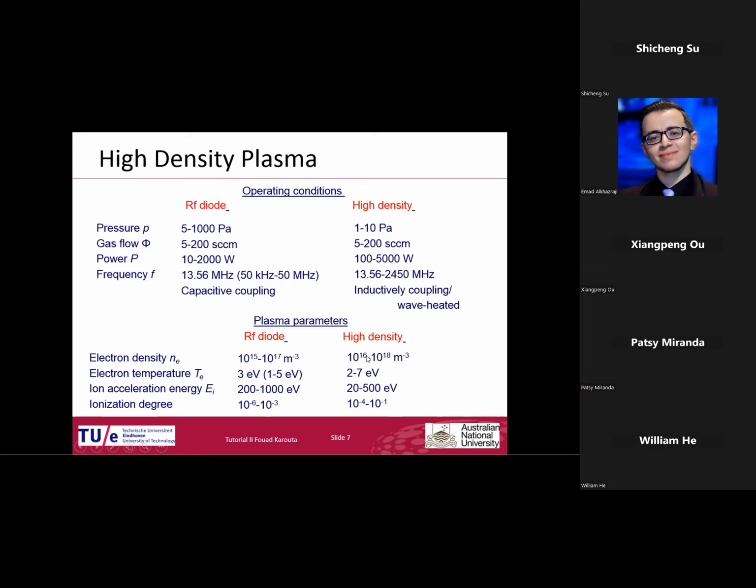You see the electron density is higher in high density plasma, and that will give you a higher etching rate. But at the same time, we can control the ion energy much better and reduce the damage that we can induce to the structure.